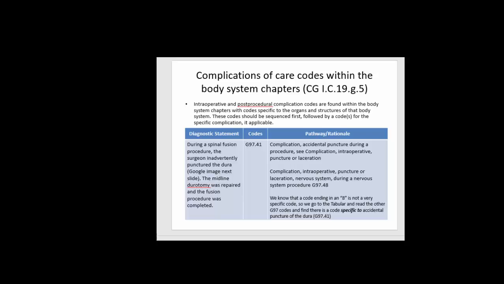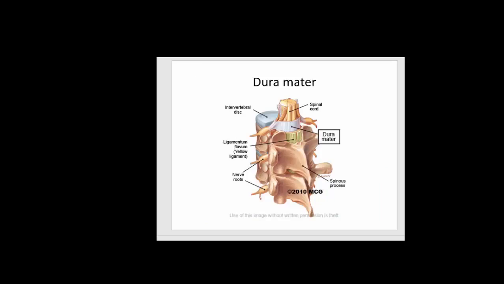In this case, I've been told that the dura has been punctured. It's pretty specific. So you're going to go to the tabular, go to the G97 category, and start looking at the codes to see if there's anything more specific than a code that has a fifth character of 8. And we notice that there is. There is a code very specific to accidental puncture of the dura, G97.41, and that would be the code that we would use.